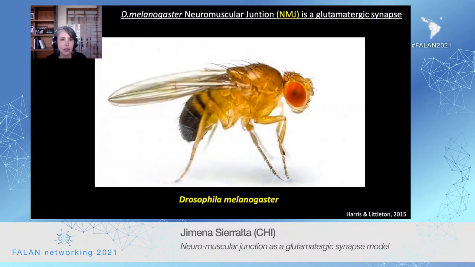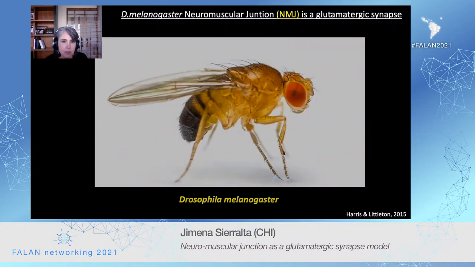Drosophila is a well-known model system to study multiple research lines, especially in genetics and in neuroscience. We have used Drosophila for behavior, for genetics, and for finding genes associated with human disease.